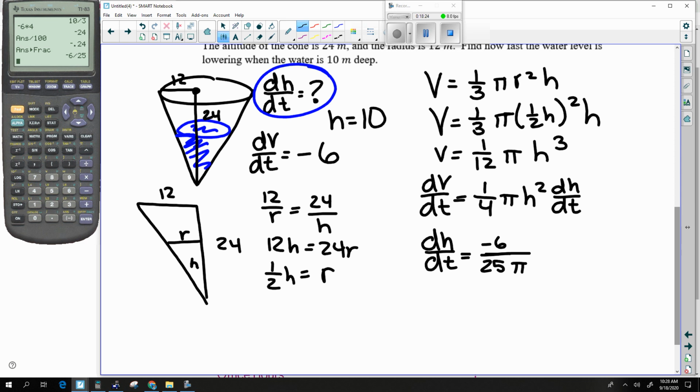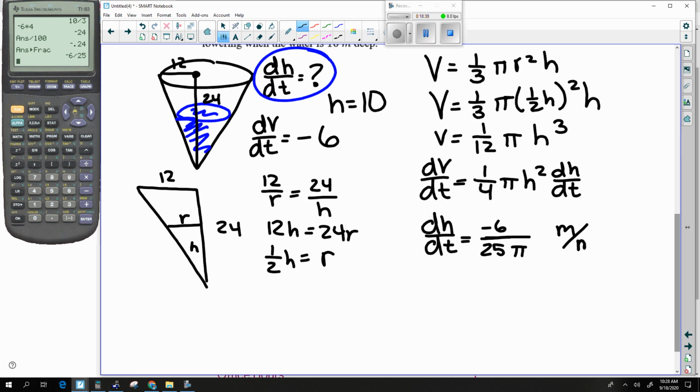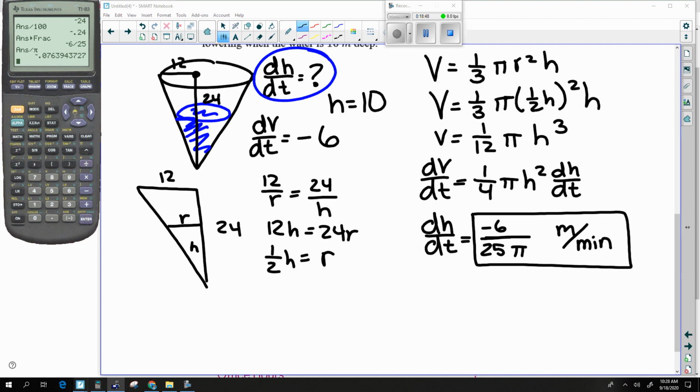Double checking my answer here. Yeah. The top is height, which is in meters, so that's dH over dt. T is time, which is minutes. So divide this by pi, and so that would be -0.0764.